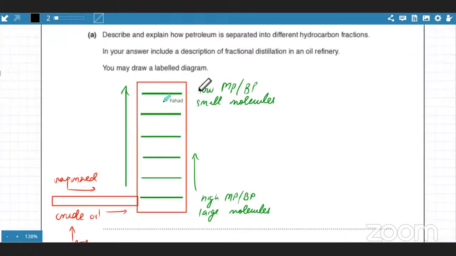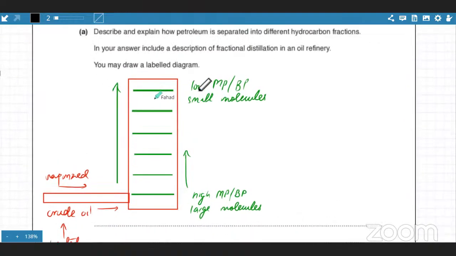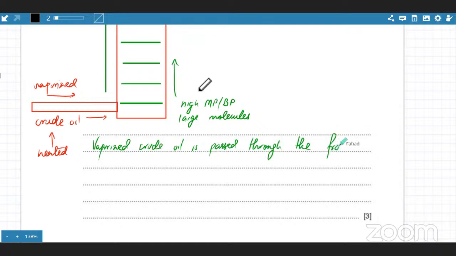Now you have to explain how petroleum is separated into different hydrocarbon fractions. So I'm going to briefly describe the process. Vaporized crude oil is passed through the fractionating column. So that's your fractionating column that I drew.